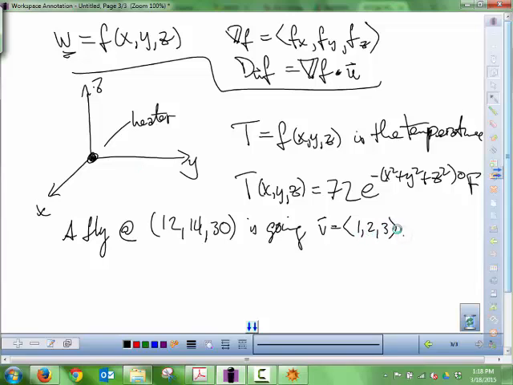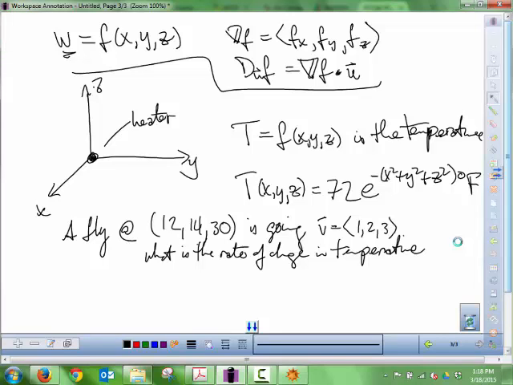And the question is, what is the rate of change in temperature that the fly is going to experience from the point 12, 14, 30, and as it moves in the direction 1, 2, 3?